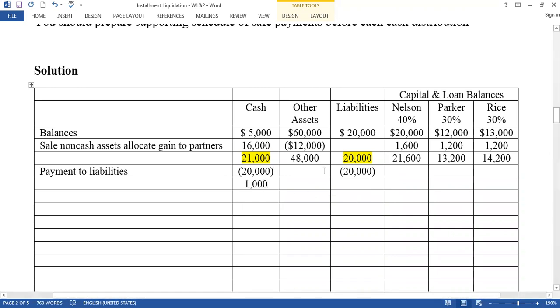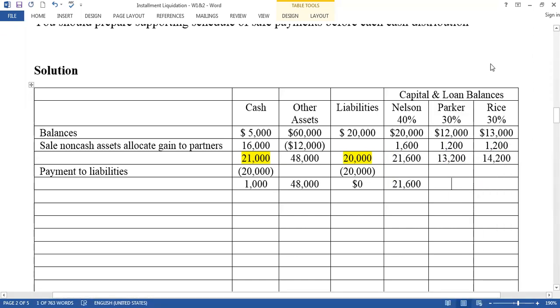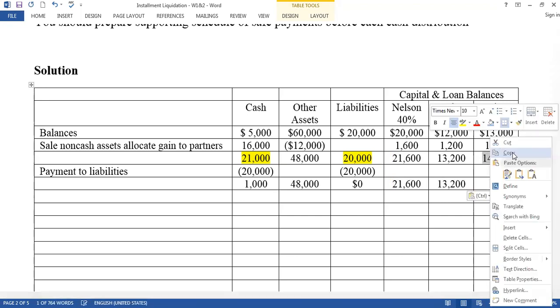We have $1,000 available cash and $48,000 non-cash asset. We don't have any liability, so we close it. Now this is the capital balance for N, this is the capital balance for P, and this is the capital balance for Rise.